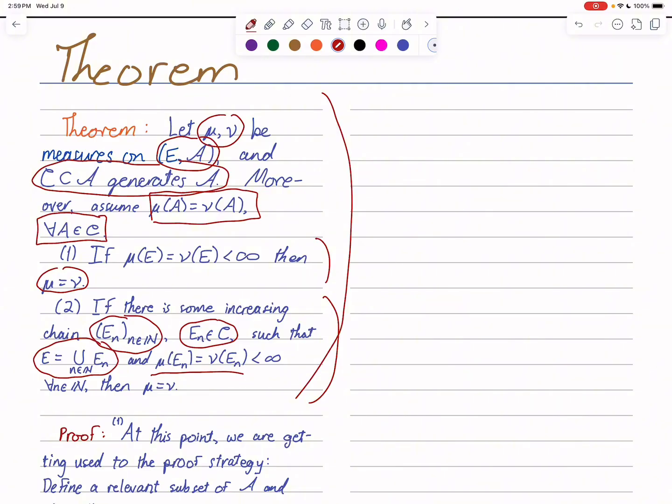So rather than just outright assuming that the measure of the entire space is finite, this one allows for the measure of the entire space to be infinite. We just need to have some kind of sequence where it builds up to the entire space and along the way, each part of it has finite measure anyway. So in that case also, the two measures are equal.